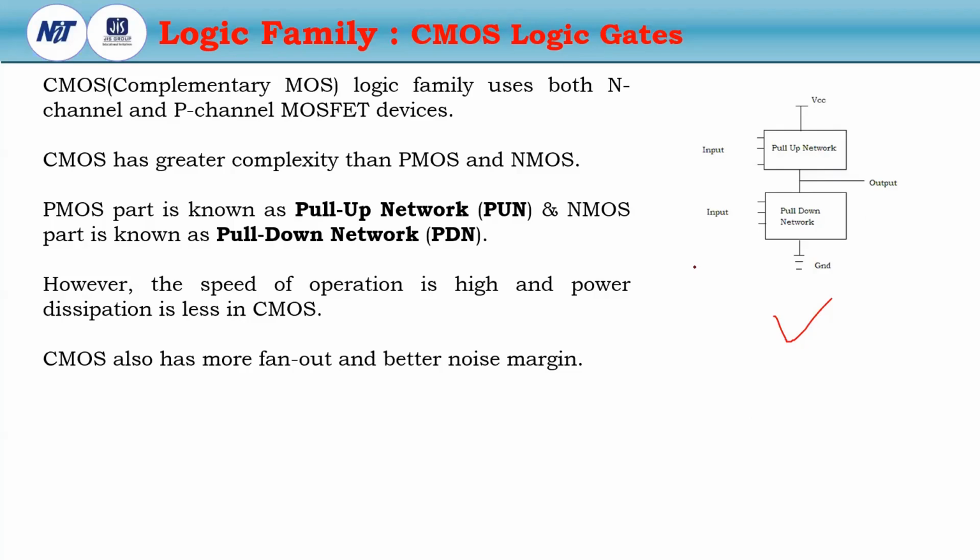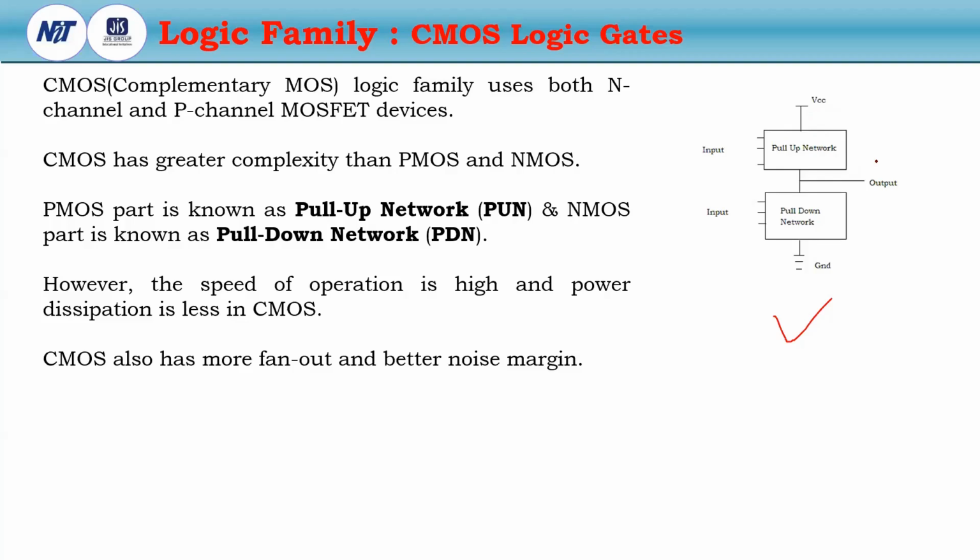The logic 1 will be very easily transferred through the PMOS. For this reason, the PMOS is connected to VCC as a load, and the logic 0 will be very easily transferred through the NMOS.